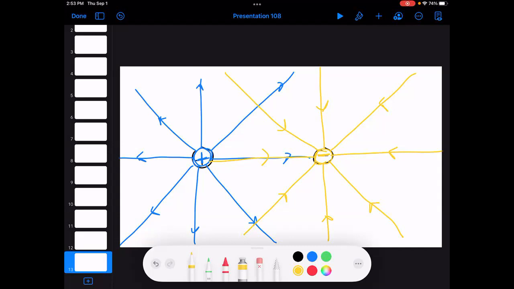They are going to merge into each other. If I have one going up and another one going down, the ups and downs are canceling, right? But since they're both going to the right, that's going to add together. So instead of the yellow and the blue, I would draw something like the green. Sound okay?